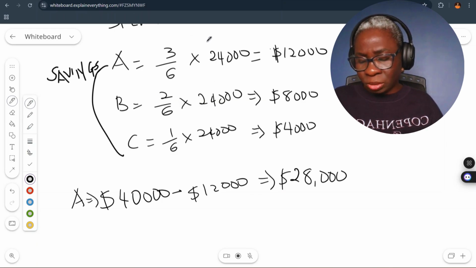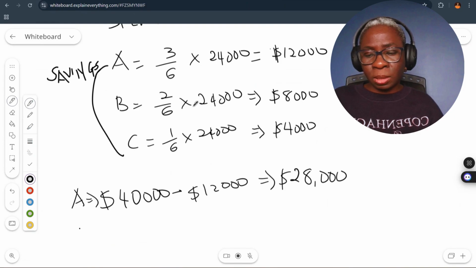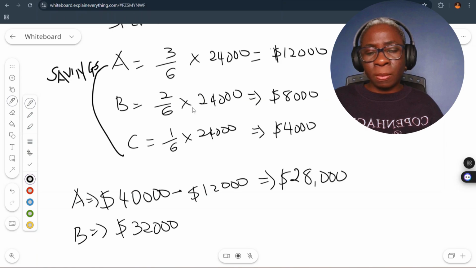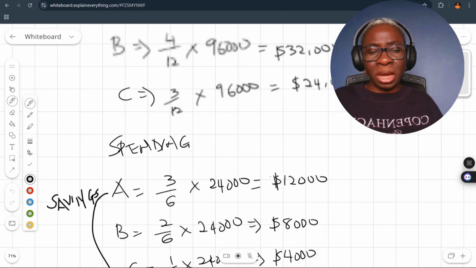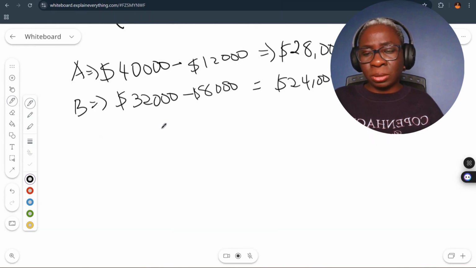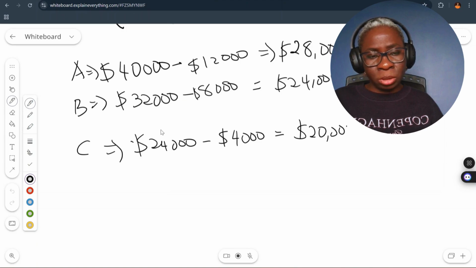So A spent $28,000, and B's income is $32,000. So for B, we'll be having 32,000 minus 8,000, and that would give $24,000. And for C, we'll be having 24,000 minus 4,000, and we will be having $20,000.